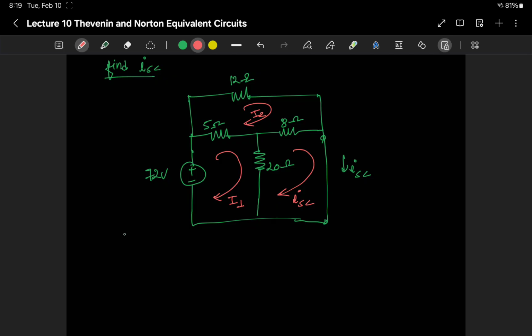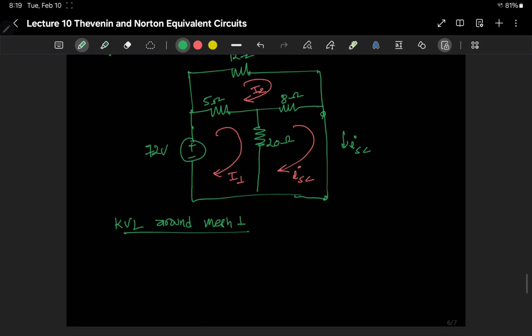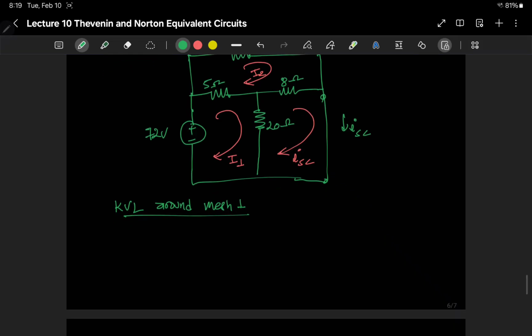Okay, let's write KVL around mesh 1. So if we do that, we are going to get minus 72 plus 5 times (I1 minus I2) plus 20 times (I1 minus Isc) is equal to 0, right?